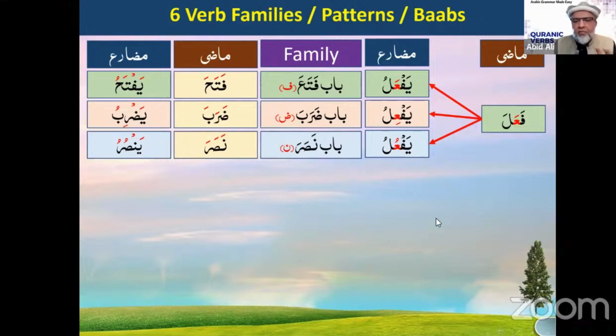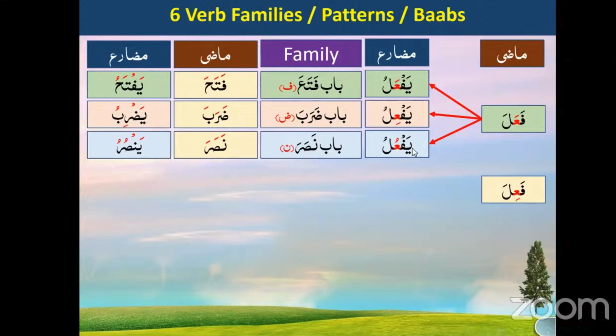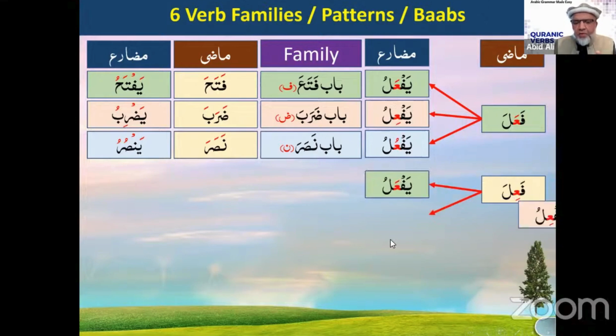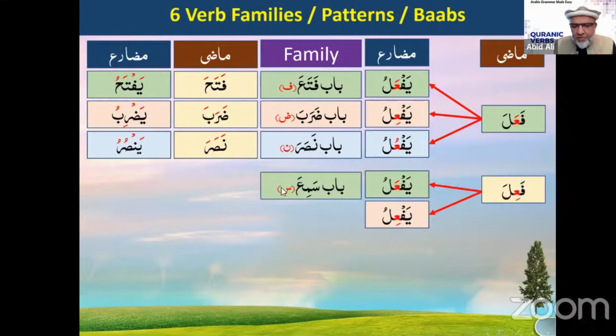Then they said Madi has a second son who is Fa'ila. Does Madi have a Fa'ila son also? Then the daughter Yaf'ulu said, I'm not interested. But these two daughters were interested. So they say, okay, if we match up Fa'ila with Yaf'alu, and the Yaf'ilu will get Bab Samia.